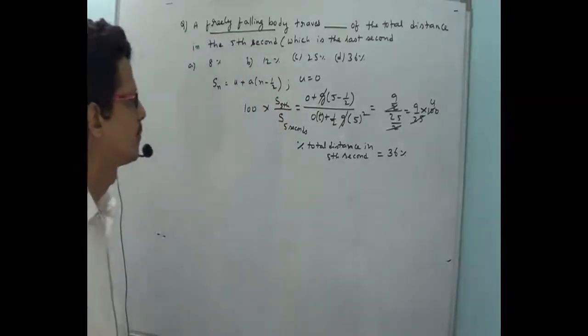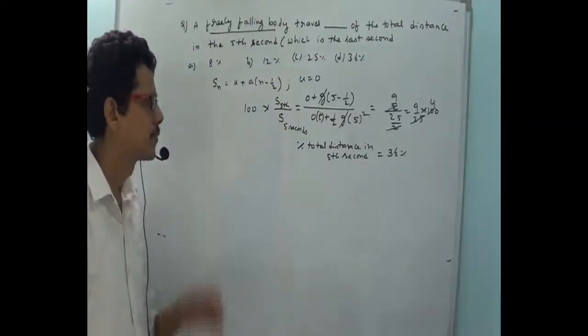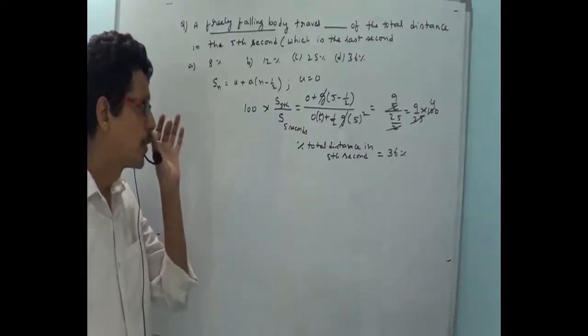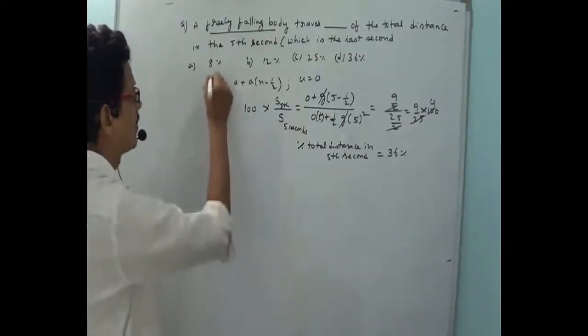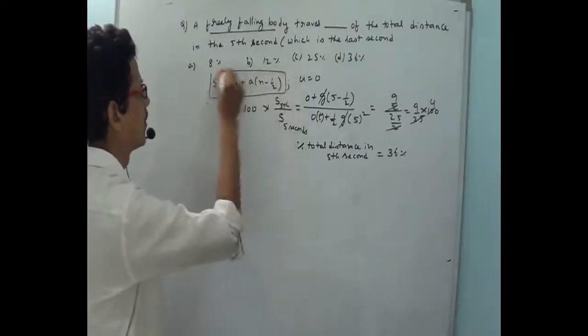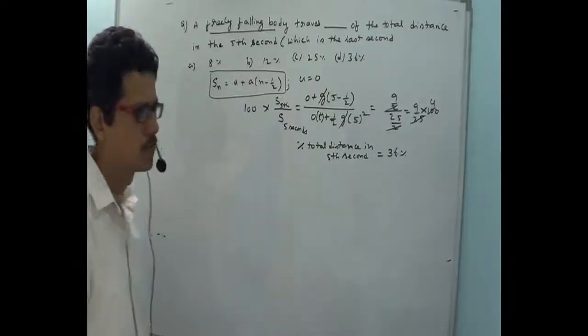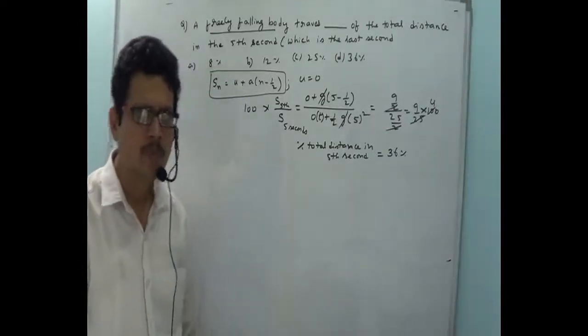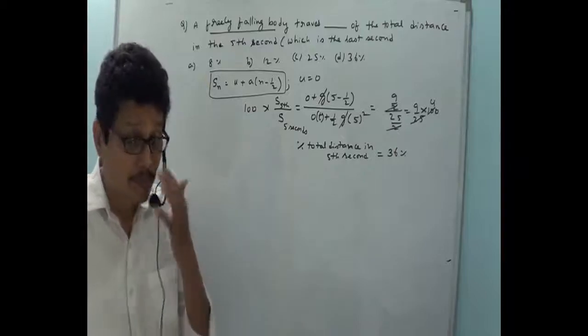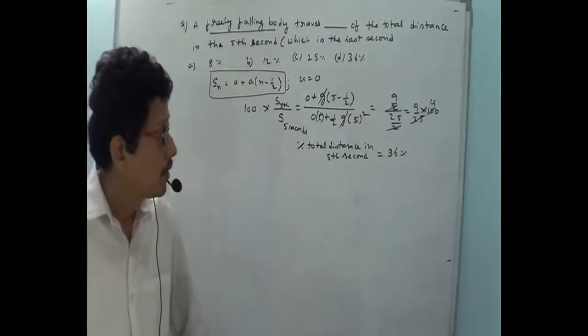Note down that. So distance traveled in the nth second, that is the formula. Easy, na?